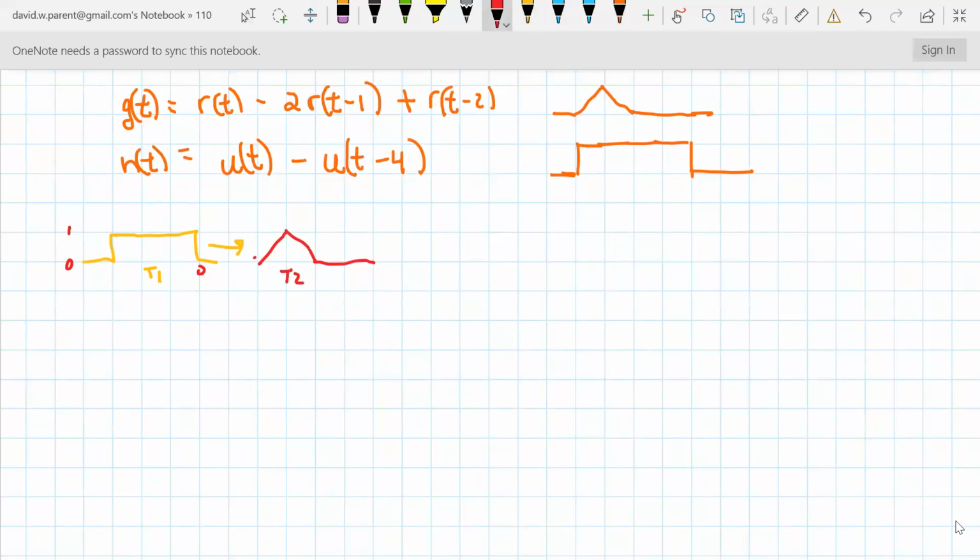So the output is going to do some things, and it's going to end back at 0, and the time it takes to do all of that will be the sum of those two times. But that's just something to consider. All right, then I'll just start drawing what I think are the important parts.